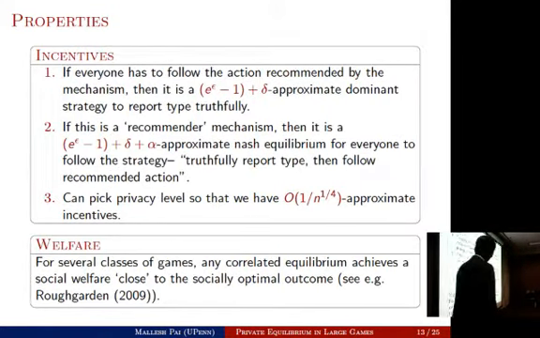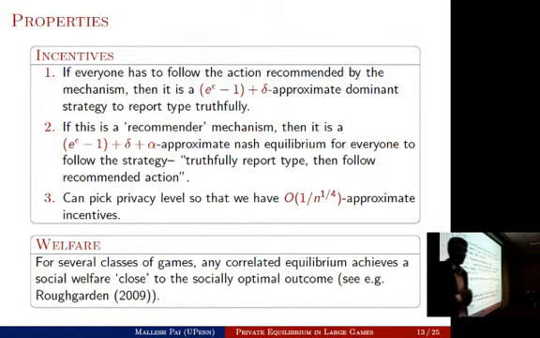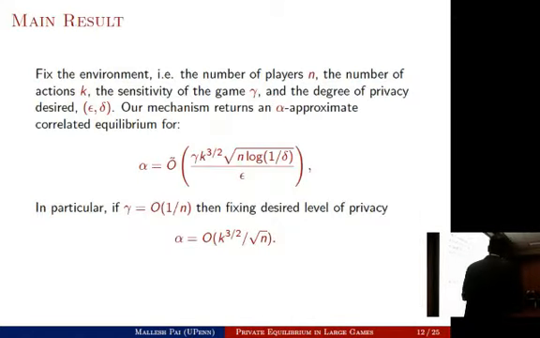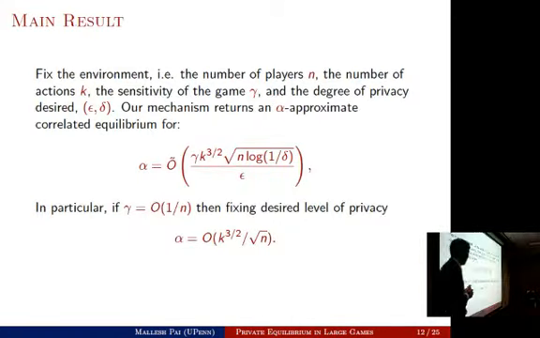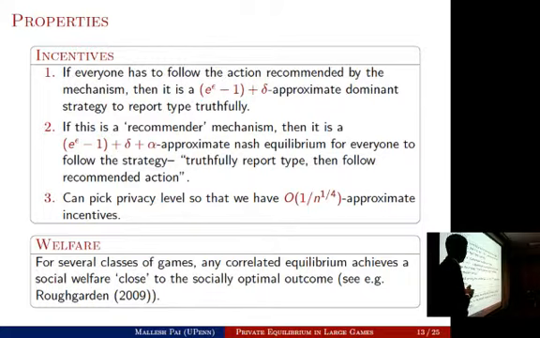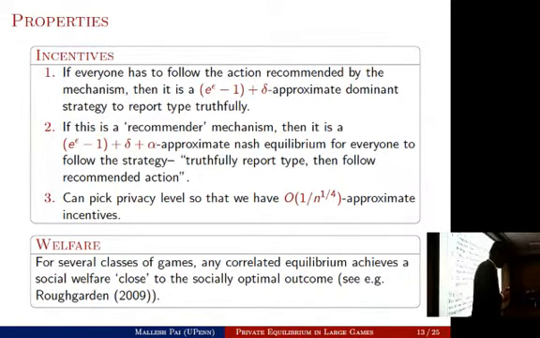Oh, I'm sorry. I forgot to give you 2 other things. So far I only said that our mechanism returns an approximate correlated equilibrium. I didn't guarantee that it had the appropriate incentives.